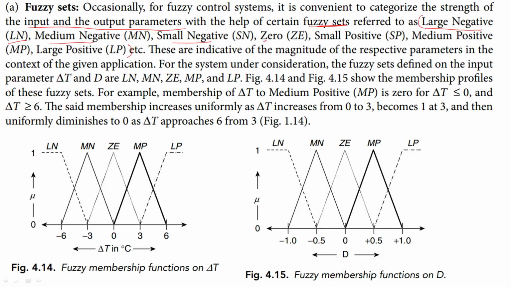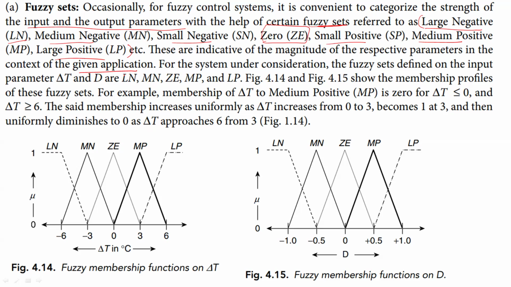Then for the neutral state, you have something known as 0. Then you have small positive, medium positive, and towards the positive end it goes from small, medium, to large. And towards the negative end, it goes from small negative, medium negative, to large negative. So these are the magnitudes of the respective parameters in the context of the given application.